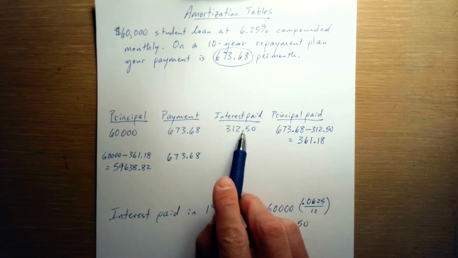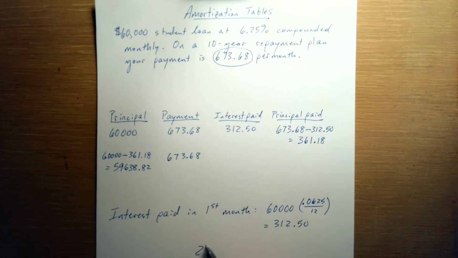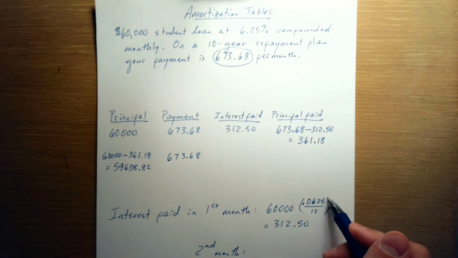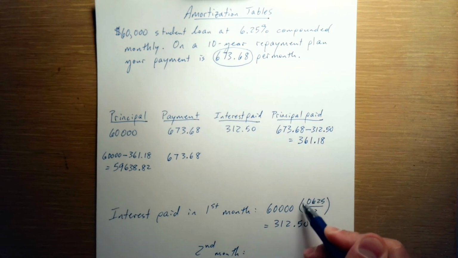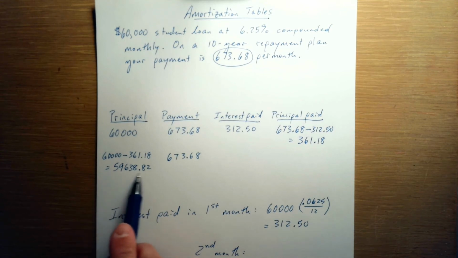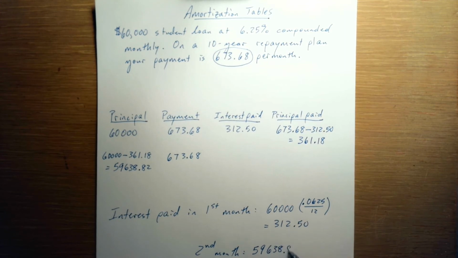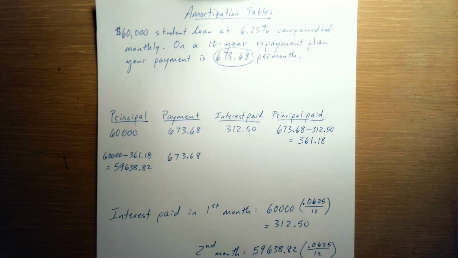And now the interest that I pay in the second month will be a little less, because to figure out the interest in the second month, I'm still going to apply the same monthly interest rate, 0.0625 over 12, but I'm multiplying it to this new principal, because some of the principal has disappeared from my last month's payment. So I take my principal for this month, $59,638.82, and I multiply my same monthly interest rate, 0.0625 over 12.